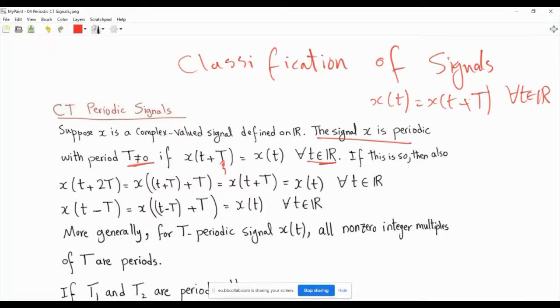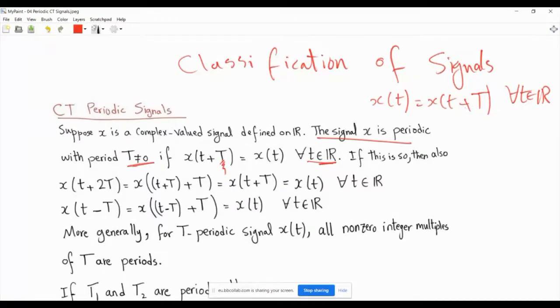Now we exclude the case of zero because it's the trivial case, right? If you put big T equal to zero, then x of t is equal to x of t, so there is nothing interesting there. That's obviously true.